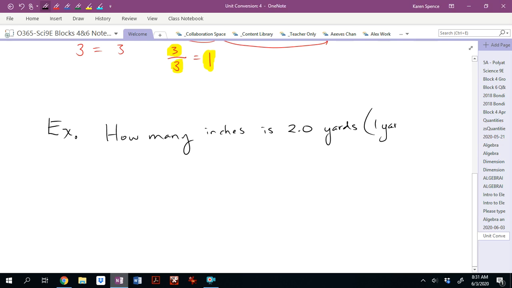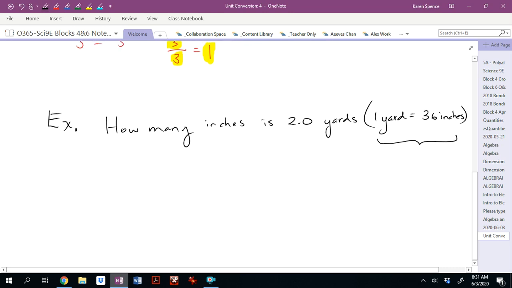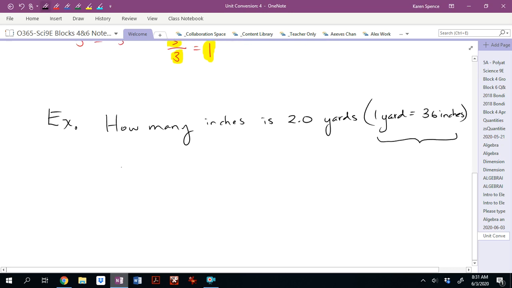1 yard is equal to 36 inches. That is something that we know. I know that these two things are equal. So if I was to write 1 yard over 36 inches, what would that actually be equal to?